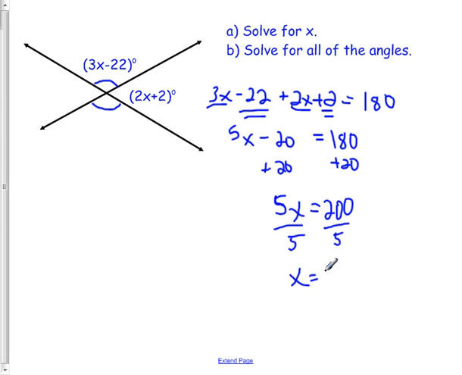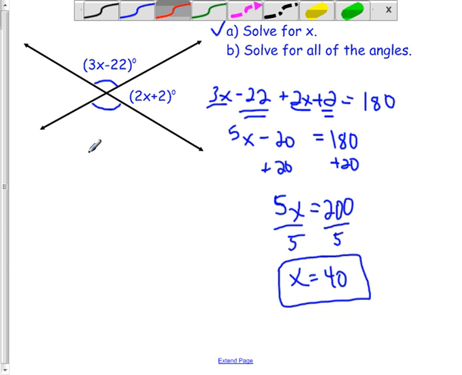So we get x is 40. And, you know, on all these answers, we get a number for x. It's not 40 degrees, it's just 40, and then we'll figure out what the degrees are later. So solve for x, done. Solve for all the angles. Let's do that next. So I'll do that in red.